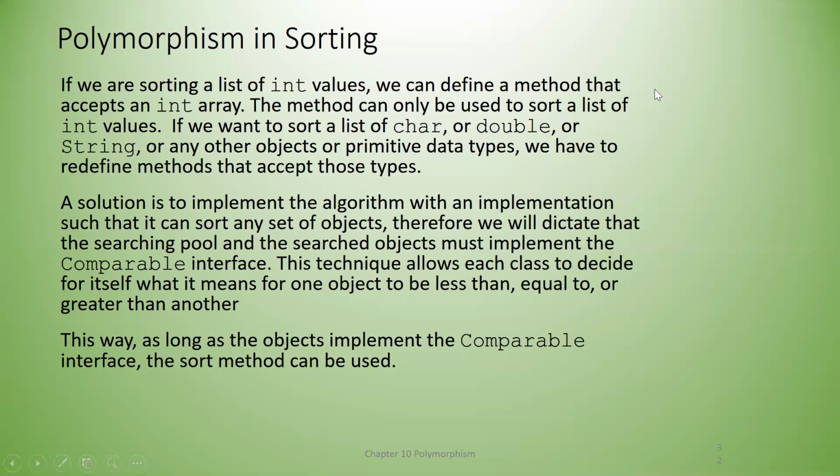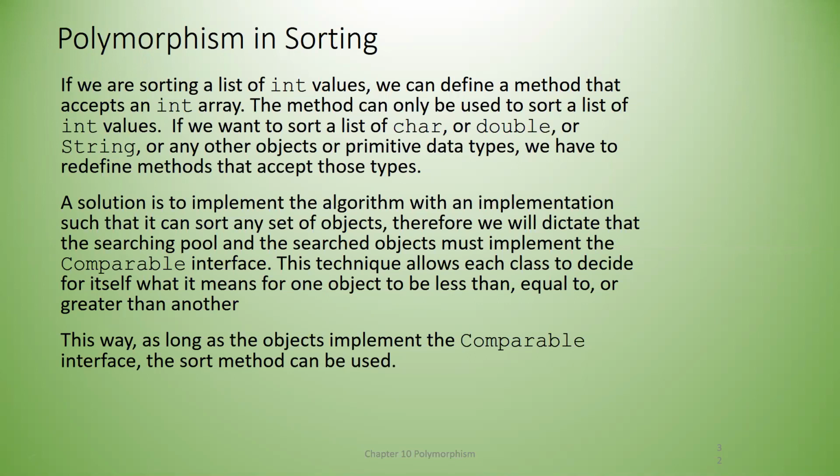If we have a method, we accept something as a parameter, that parameter must have a data type, right? So you can define a method called selection sort that accepts an int type. Then what if you want to sort a list of characters? You have to define a new method, overload that method, and say accept char.